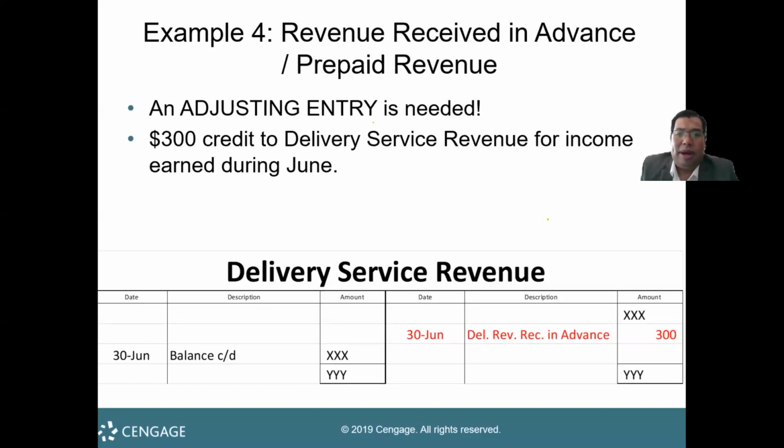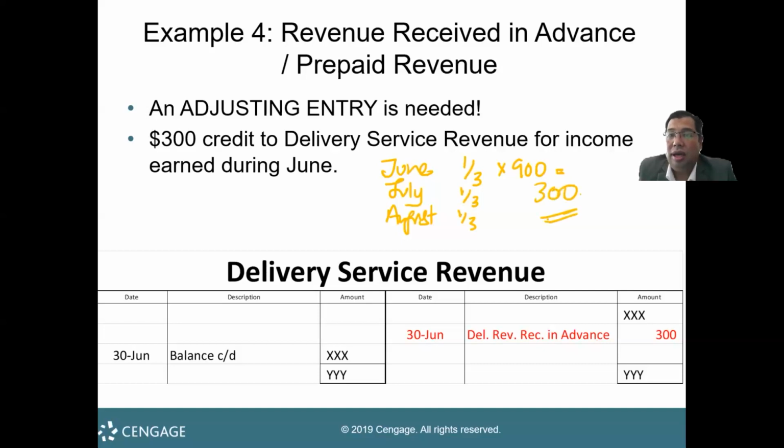So for the months of June, July, and August, I assume that you should recognize revenue by one third, one third, one third from the 900. So for the month of June, you should recognize 300 as your revenue.